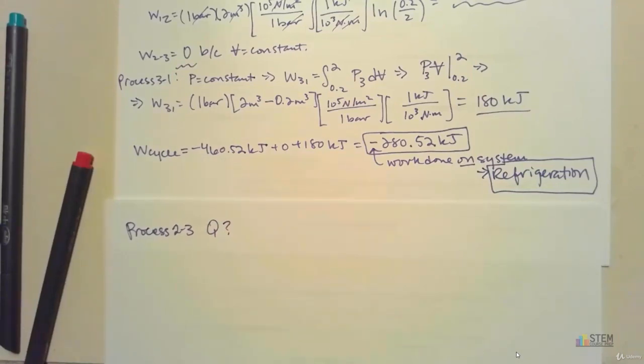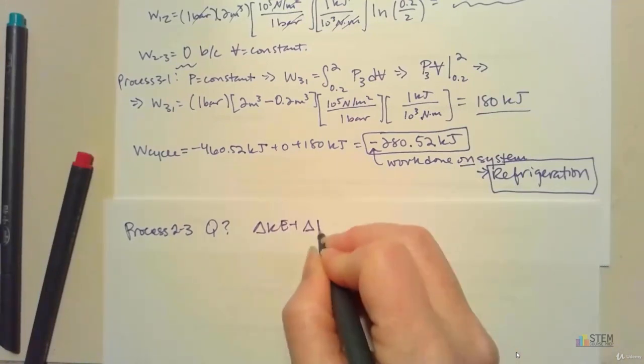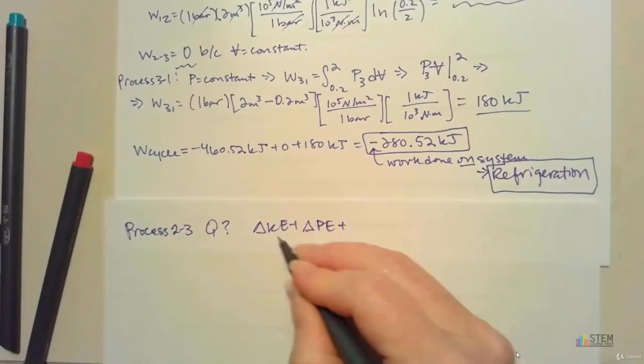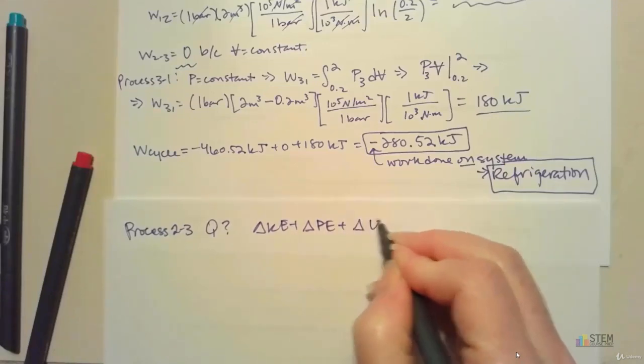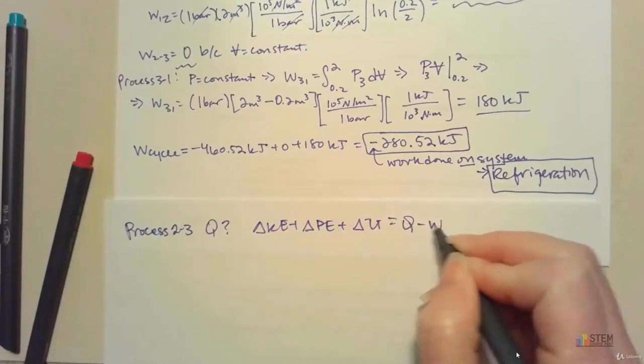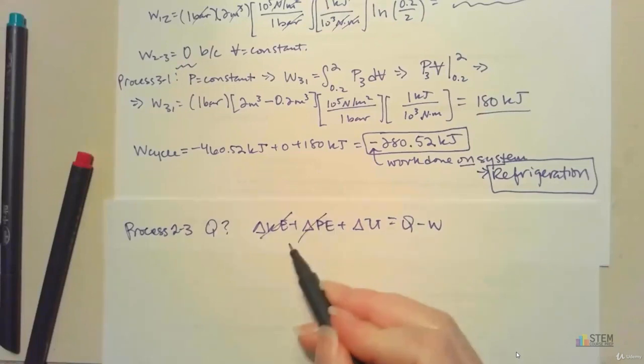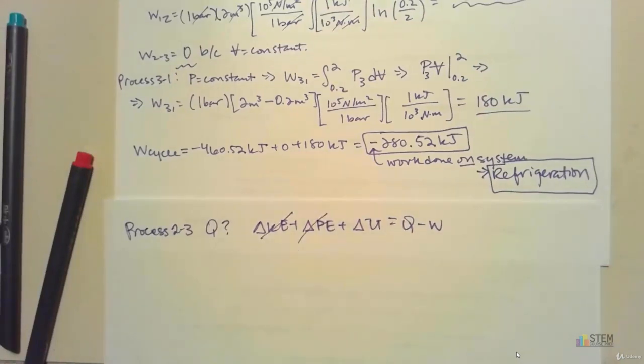Okay, now Q, we're going to have to use the energy balance equation. Right, that's really the only equation we have at this point that we have Q in. So we're going to go back to our energy balance equation. Let's write that out. So you've got your 3 energy terms on the left. They equal Q minus W. Now it told us to ignore these first two. So that's good. We're happy to ignore those.